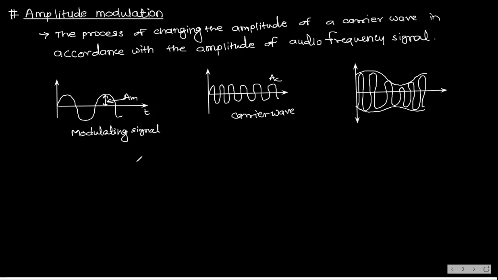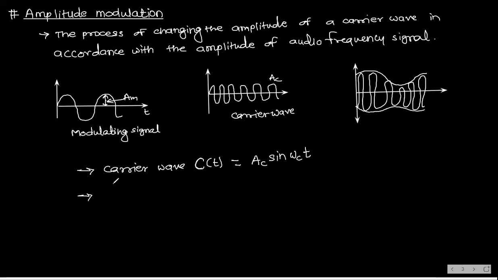Now, let's learn this with equations. First one, I am taking the carrier wave. Carrier wave is denoted by C of t, and that is equal to AC sine omega c t. This is the wave equation of the carrier wave.